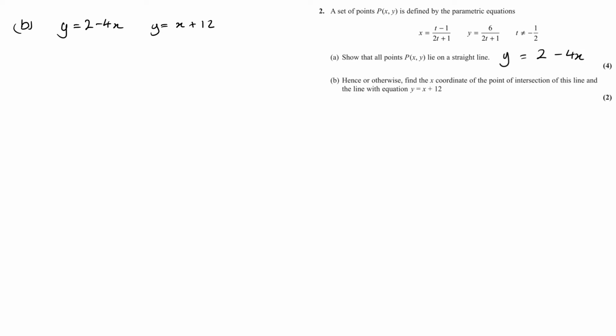So it is possible, but obviously it's easier just to equate these. So 2 minus 4x equals x plus 12. 5x equals minus 10, isn't it? 2 minus 12, yeah. So x equals negative 2. Nice and easy. Let's look at the next question.